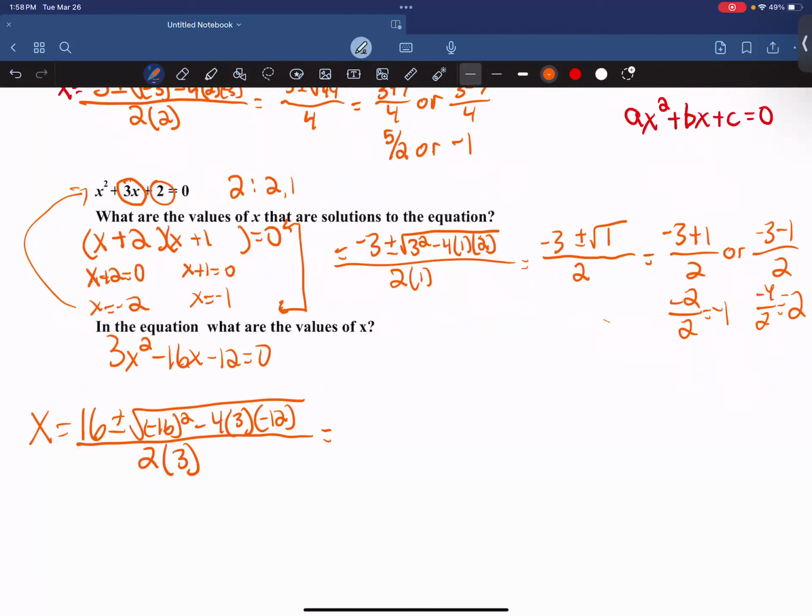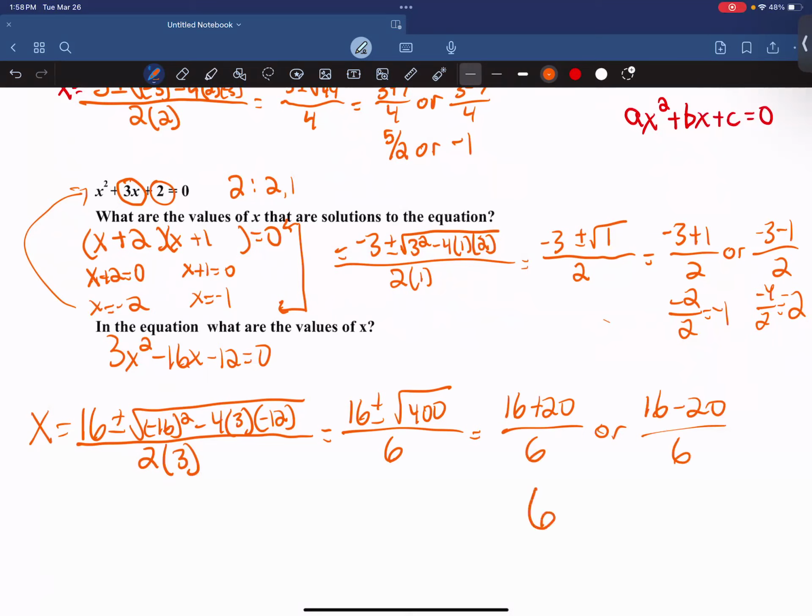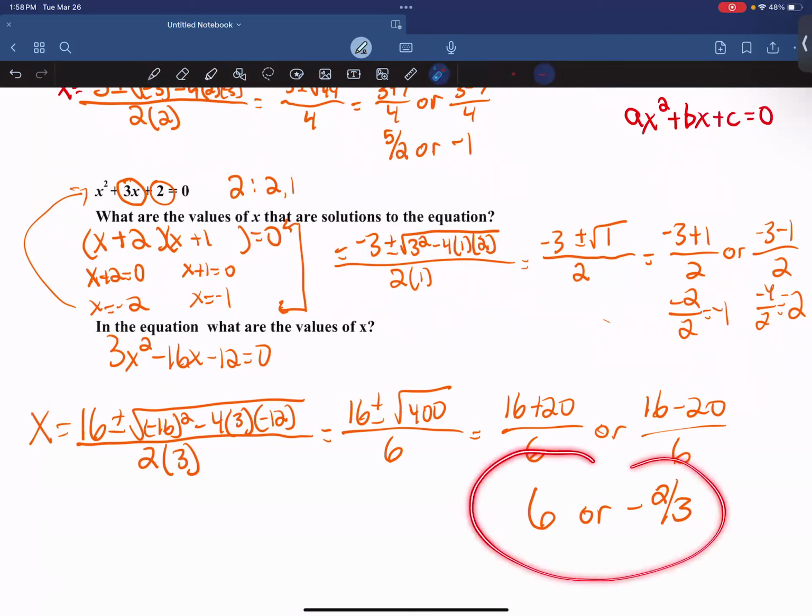You're going to get 16 plus or minus the square root of 400 all over 6. 16 plus 20 over 6, or 16 minus 20 over 6. So you will get roots of 6 or negative 2/3. Again, you can substitute these into your original equation and arrive at the answer.